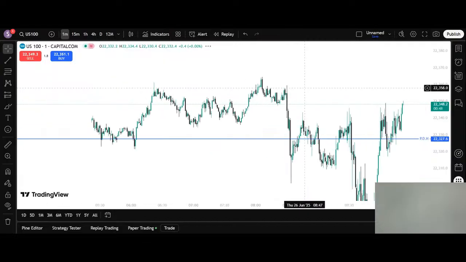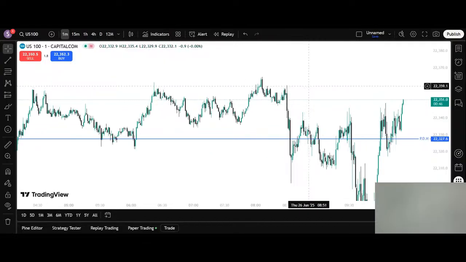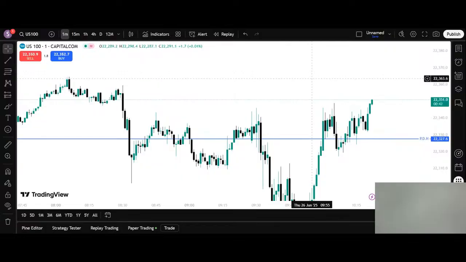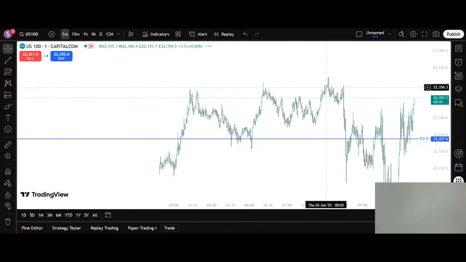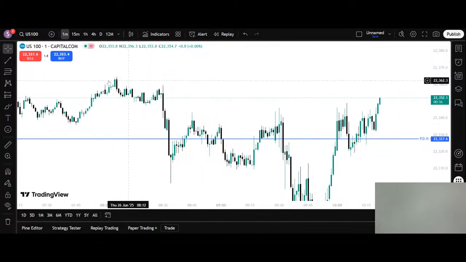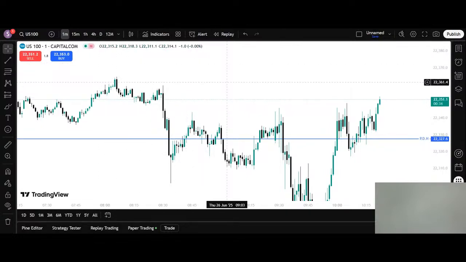Maybe we might get a good sell. That's a very big might. Still, when price takes all this liquidity, we're gonna wait for it, because a buy right now is risky.